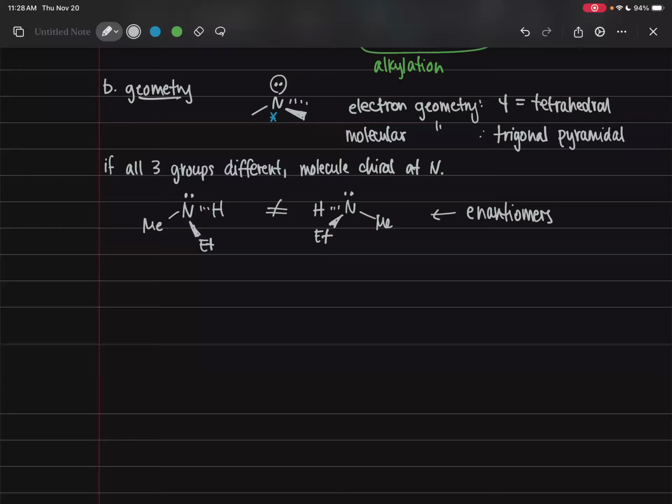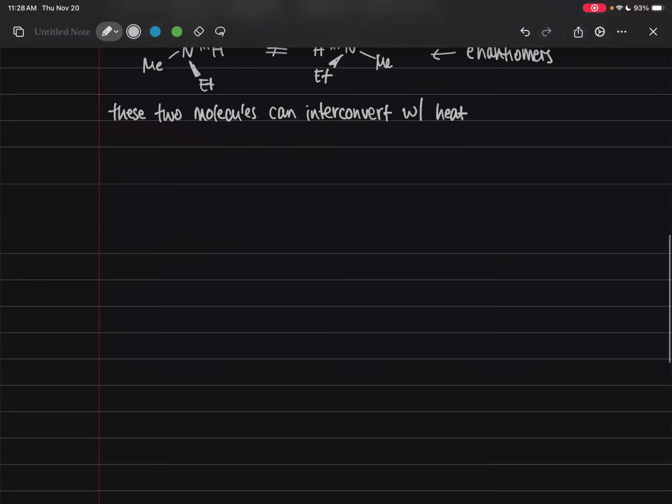There is a caveat there, and that is that if you heat one of these molecules, you can actually cause essentially an equilibrium process that causes the two to interconvert.